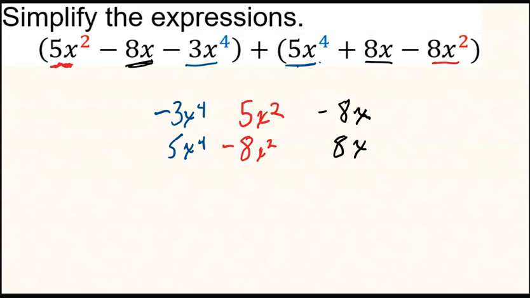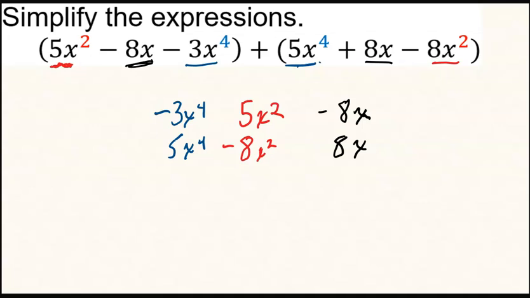I also put these in exponential order. So you'll see that the 3x to the fourth is first, the 5x squared, then the negative 8x. For the sake of this example, I did not put the plus signs. So we want to treat these like positives and negatives, and we're just adding them individually.